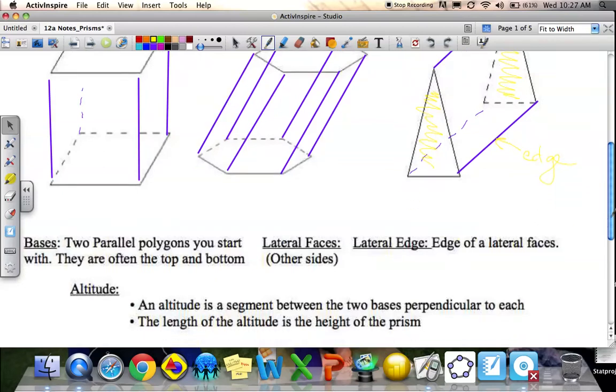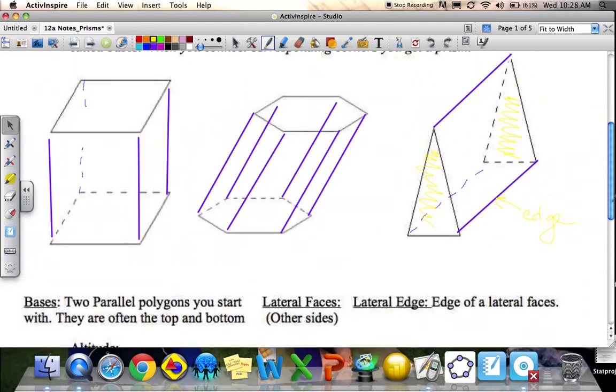An altitude is a segment between the two bases of the prism, perpendicular to the bases. So in this drawing right here, any of these lateral edges would be an altitude.